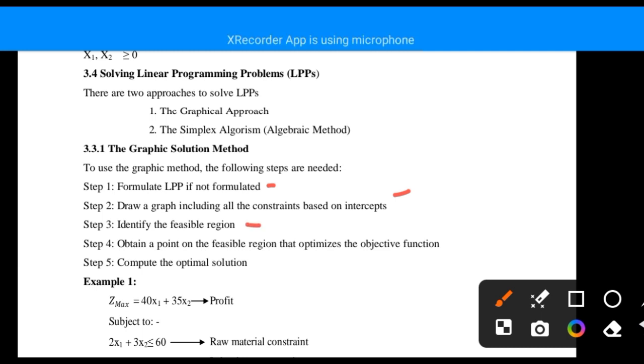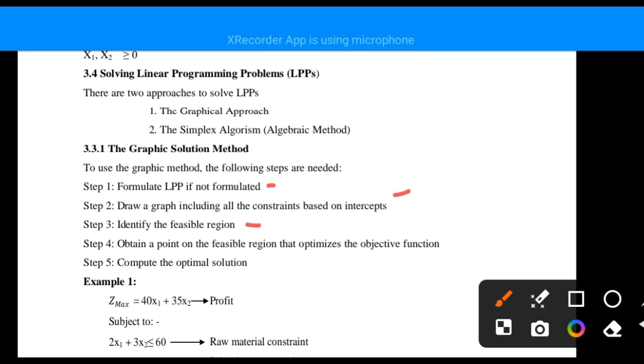Step 4, obtain a point on the feasible region that optimizes the objective function. For example, objective may be minimizing cost or maximizing profit.